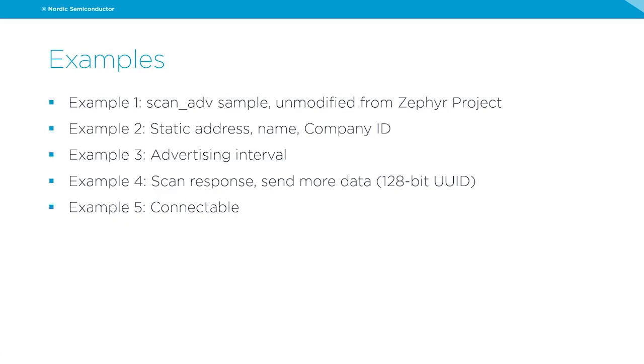Next we will change the advertising interval, and then we will let the device provide a scan response, and in that response we will send more data. And if we have the time, we will show how to make our device connectable.